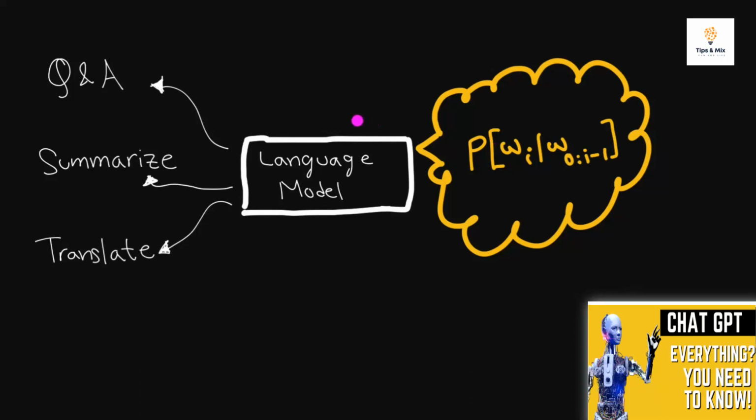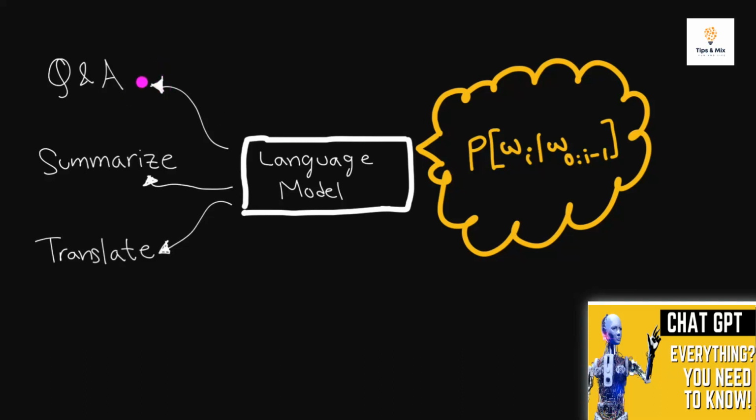Depending on the type of data used to train the language model and also the architecture of the language model itself, we can get different types of probability distributions of these word sequences, which means that these language models will try to generate different kinds of words depending on these different circumstances.